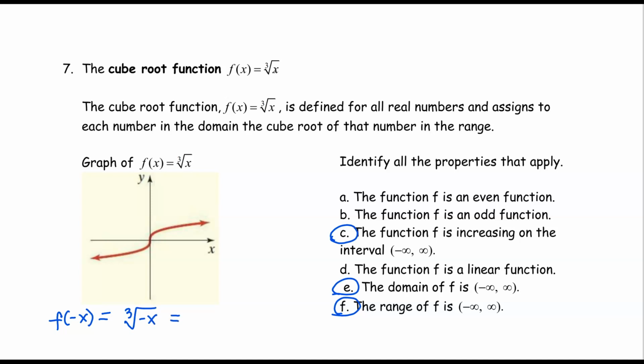And the cube root of a negative number, you could take out the negative sign. Negative of cube root of x. And that is equal to the negative of f of x. So that means that f of negative x is equal to negative of f of x. So that is an odd function.